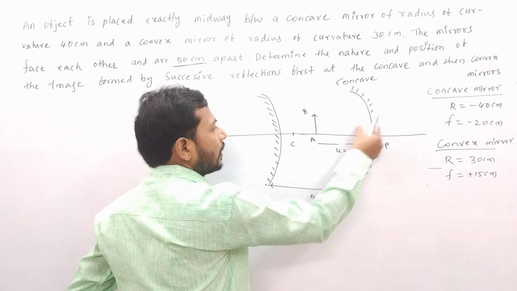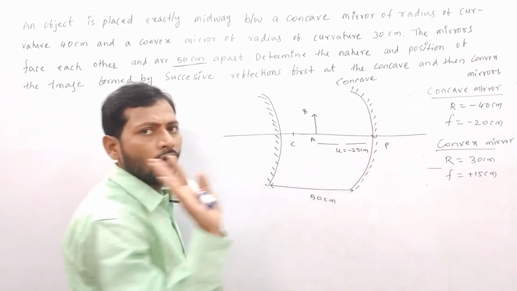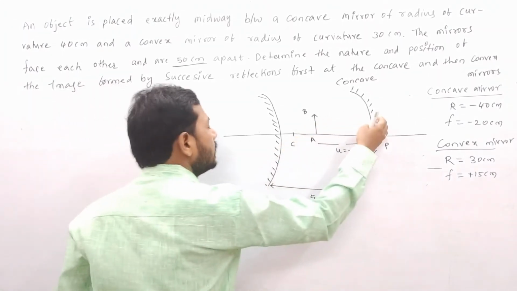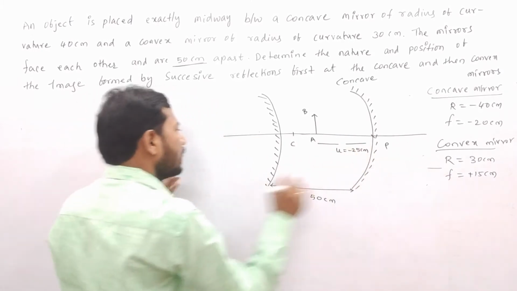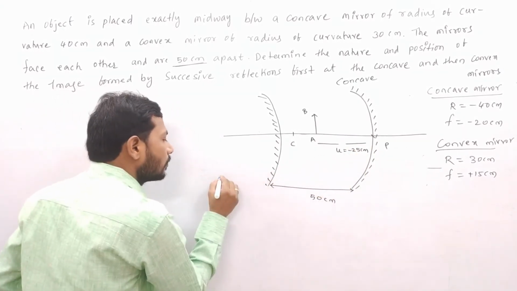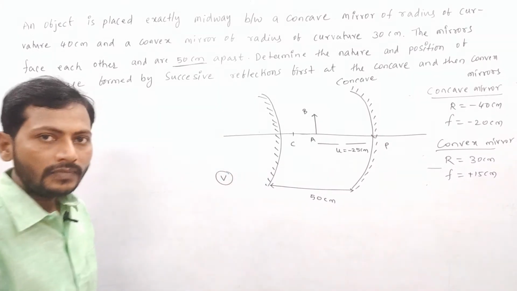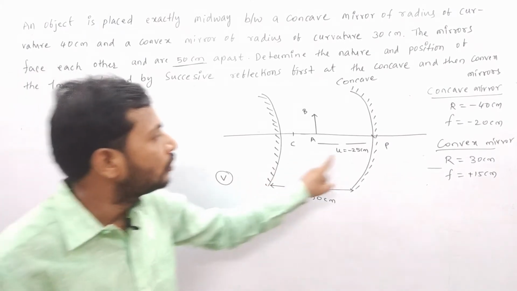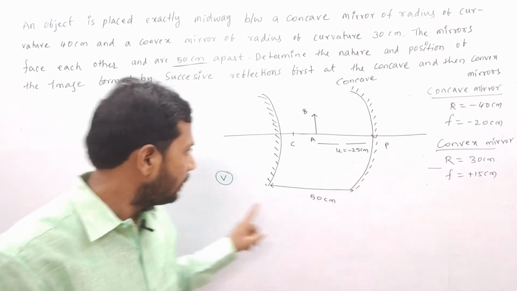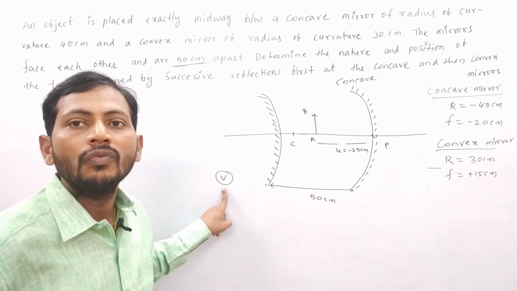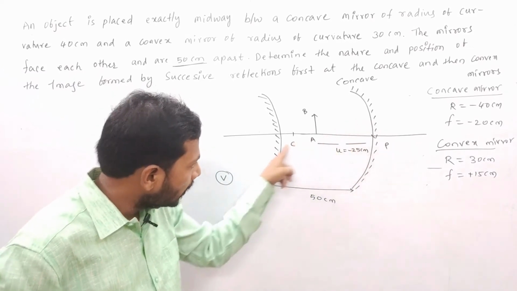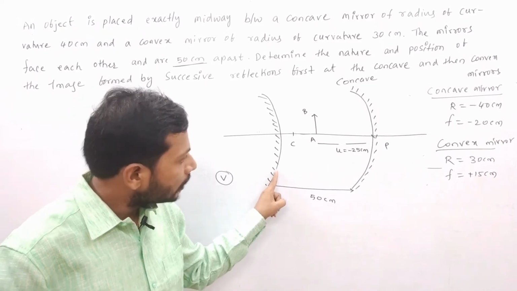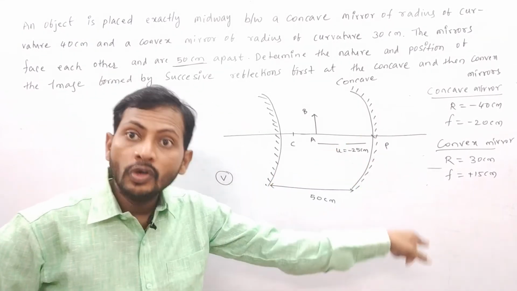This is the concave mirror, this is the object, then somewhere it is going to give the image, this side or that side, anywhere it gives the image, and that image distance I am going to take as v. Now this is the image due to whom? Due to this concave mirror. But this image, are you able to see? No. Why? When it sends the reflected rays, if the other mirror is stopping them, then again those two rays are going to reflect, and the final image is going to be formed.